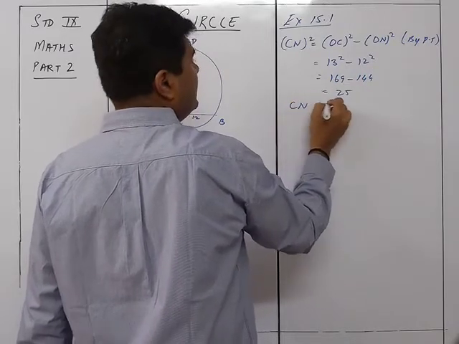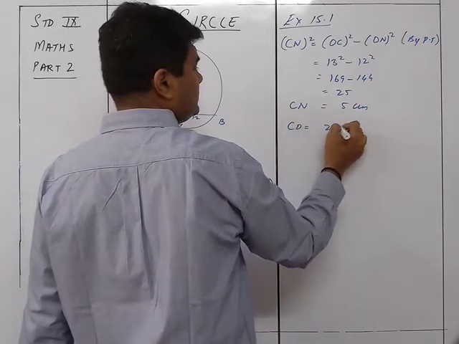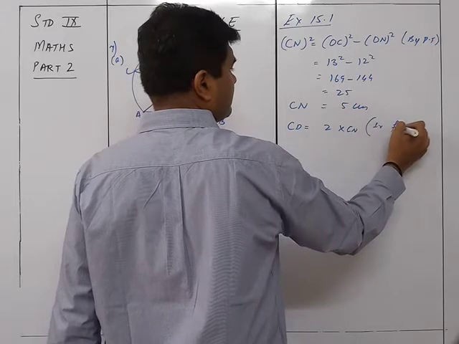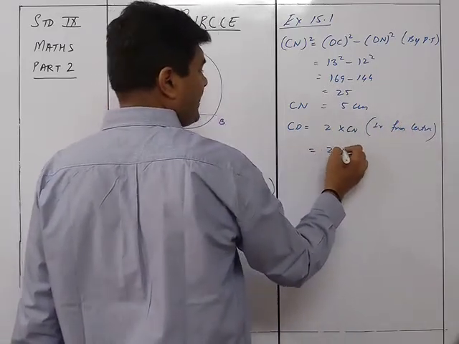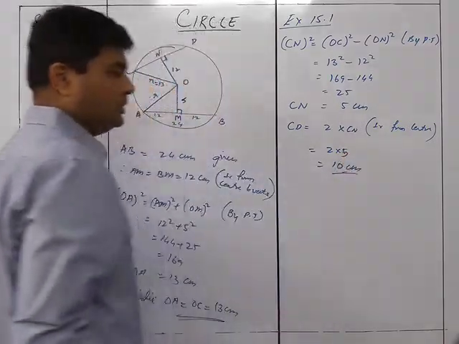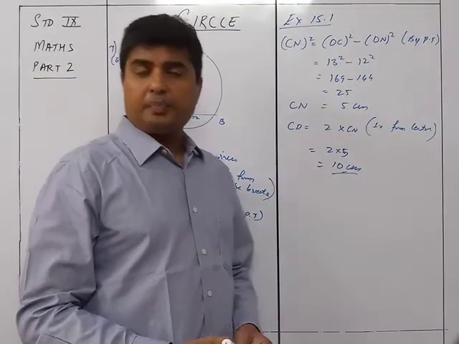So CN is 5 centimeters. Therefore CD is equal to 2 into CN because perpendicular from center bisects the chord. So that will be 2 into 5 is 10 centimeters. So that was the 7th's first part, first sum.